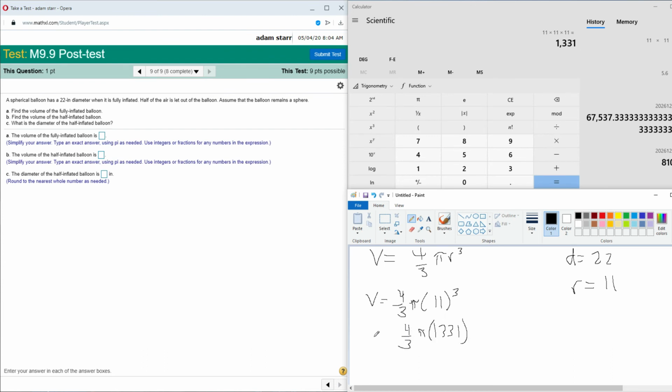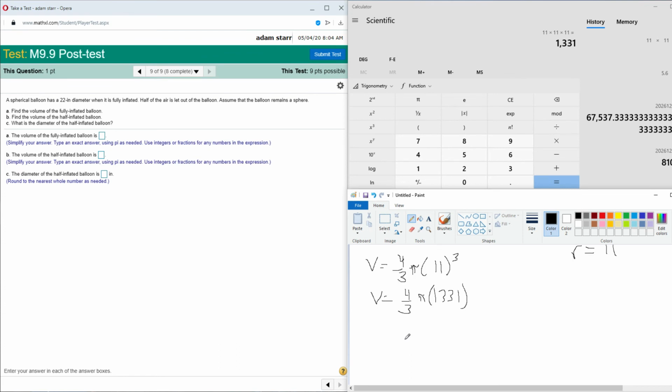Times the 4/3 pi. So I'm going to multiply by 4 and divide by 3. So 1331 times 4 is 5,324 pi divided by 3.